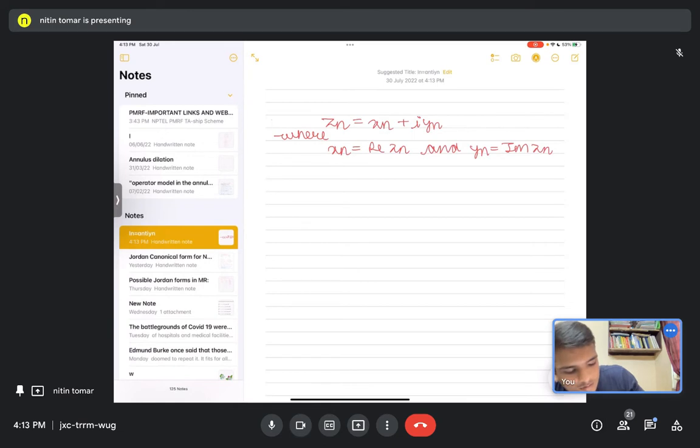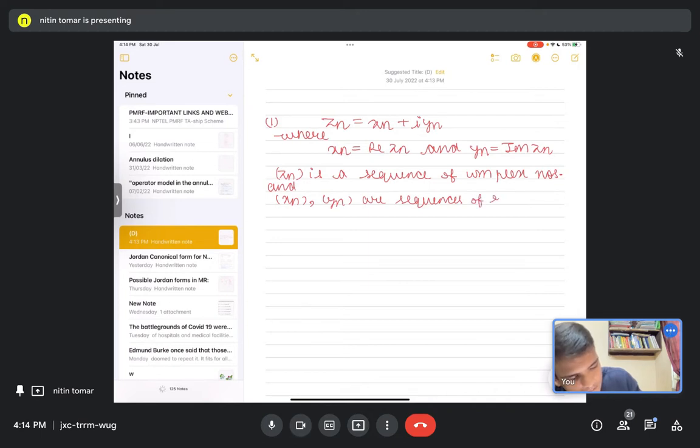So Zn is a sequence of complex numbers, and xn and yn are two sequences of real numbers.